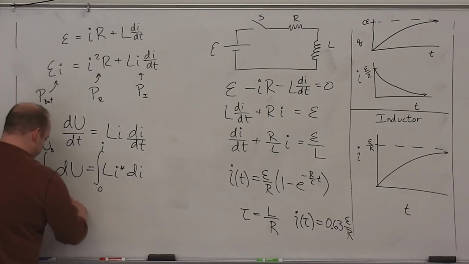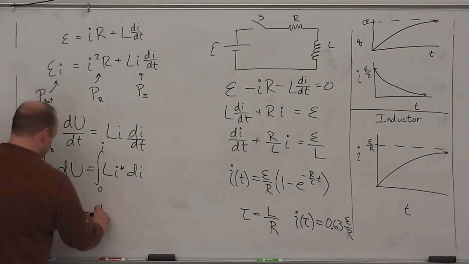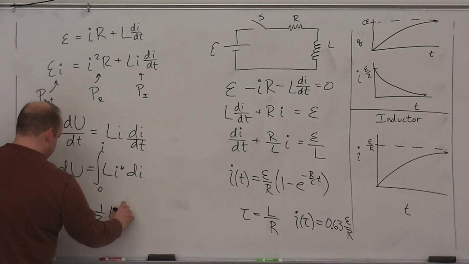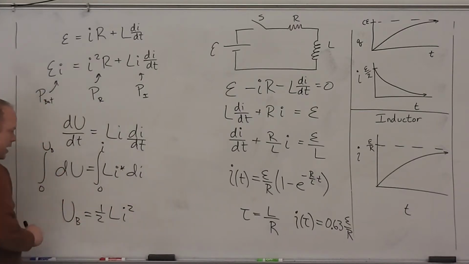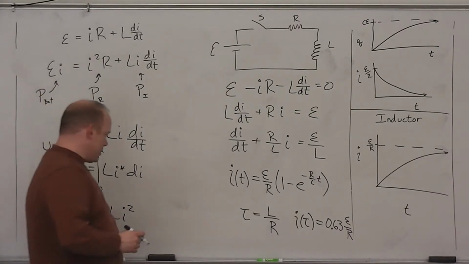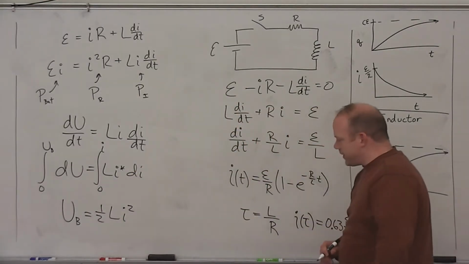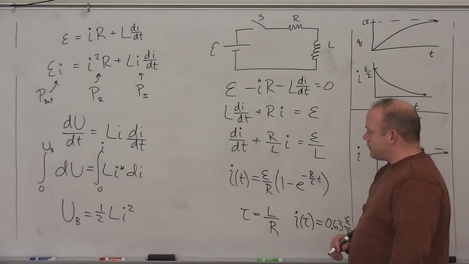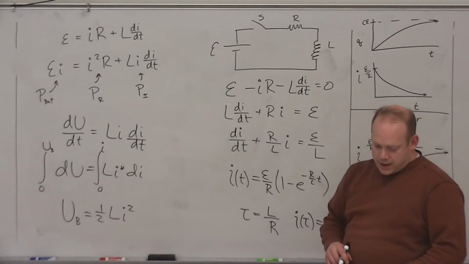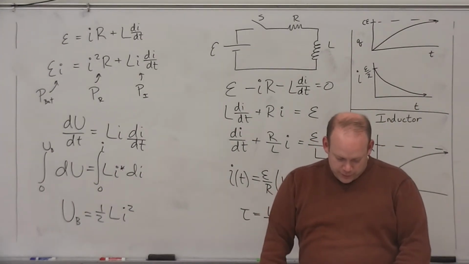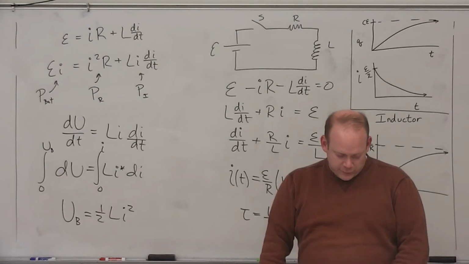So this becomes the energy stored in that magnetic field is equal to 1/2 Li squared. I'm not going to get into the voltage or anything else like that. We do know that it's L di dt. So for the voltage, we really can't get into that too much.